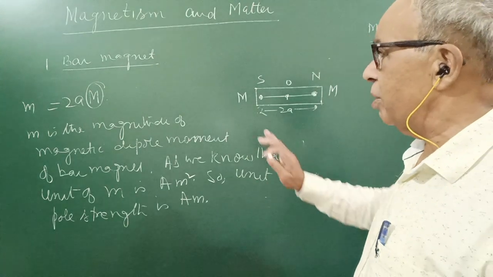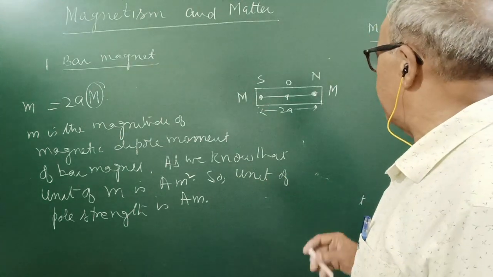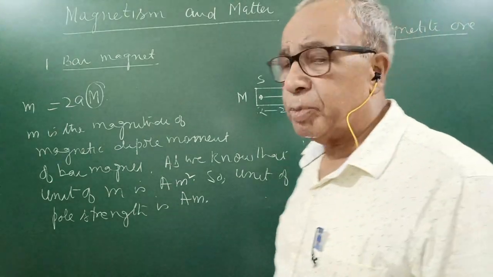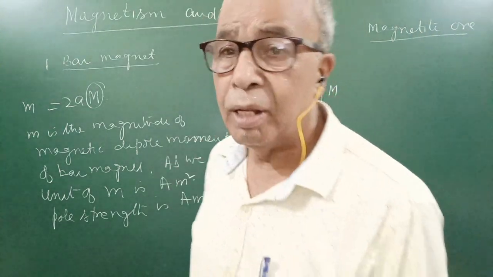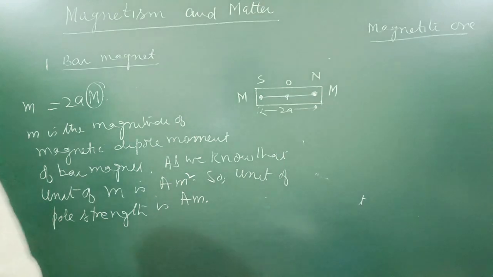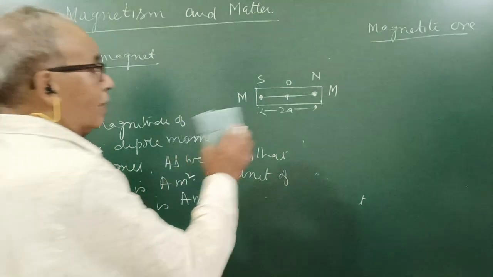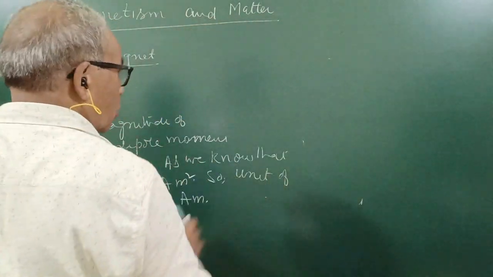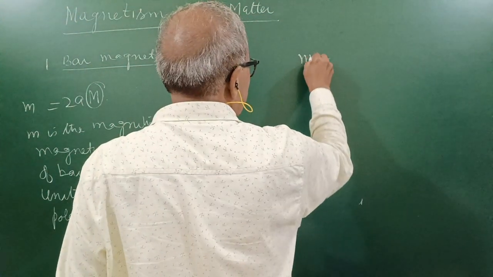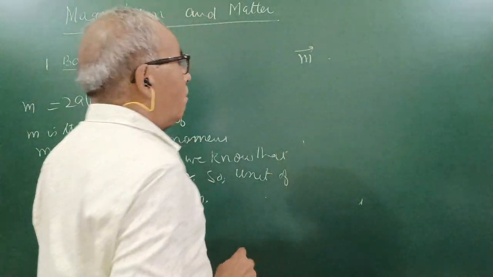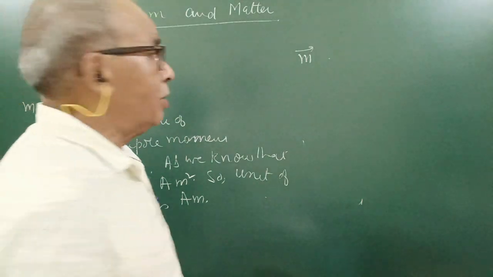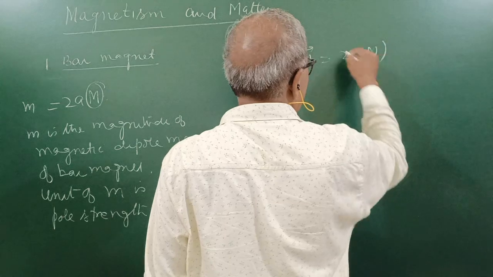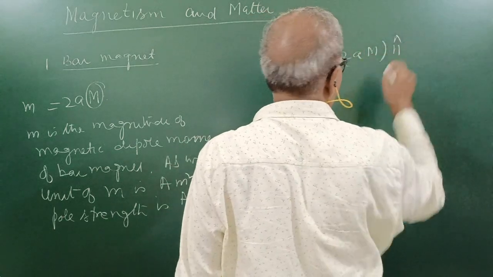These are some properties of the bar magnet which I stated here. We represent it like this, but there are other properties of the bar magnet, like magnetic field lines. Here I will write, this m is also a vector. Magnetic moment is also a vector quantity, and we write it as 2A into M into n cap.